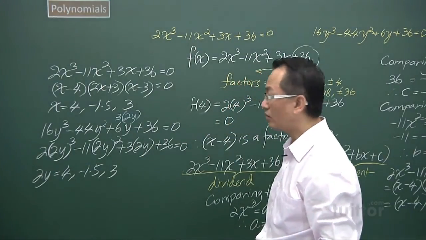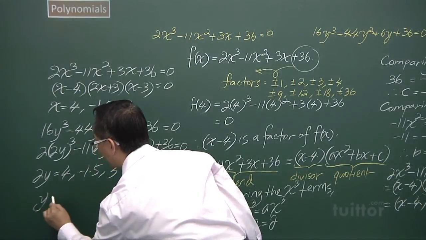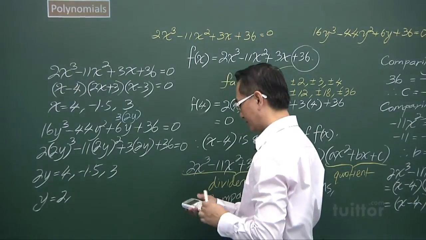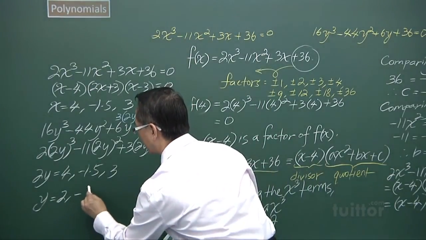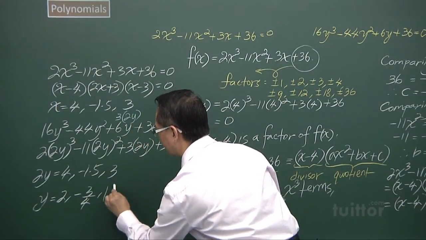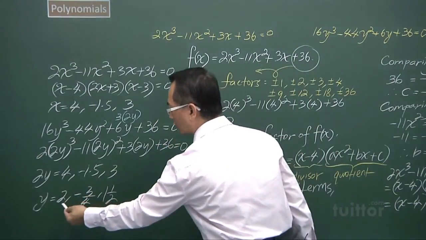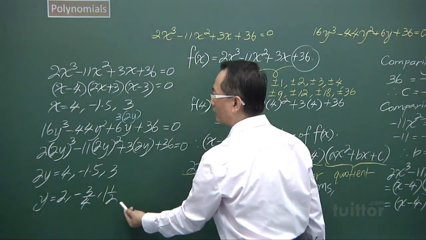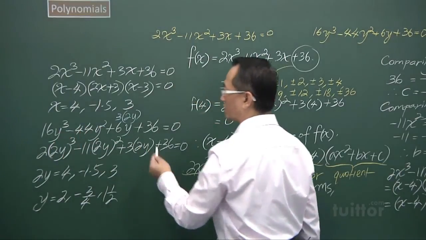So to solve for y, I simply would divide these values by 2. So y equals 2 or negative 3/4 or 1.5 will be the solution for this particular equation.